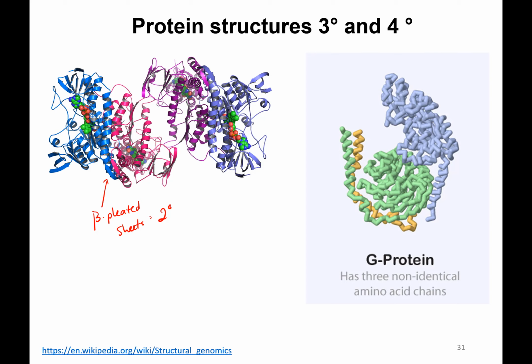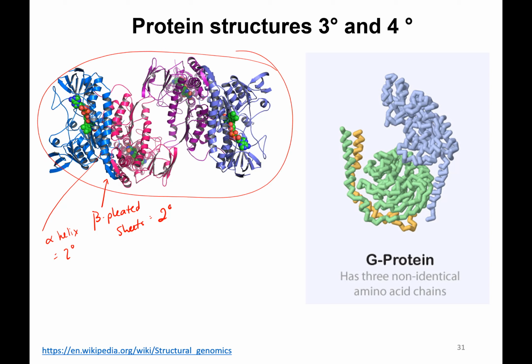And the curly Q's represent the alpha helices, and that's also secondary structure, right? But this whole crazy folding is called tertiary. So inside here are the hydrophobic amino acids, and along the outside are the hydrophilic amino acids.